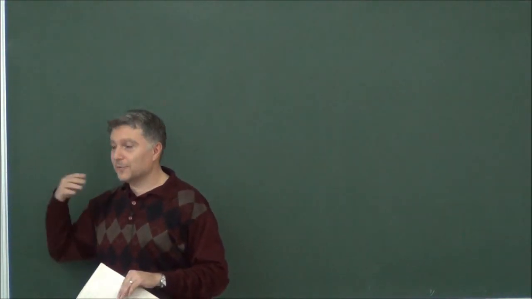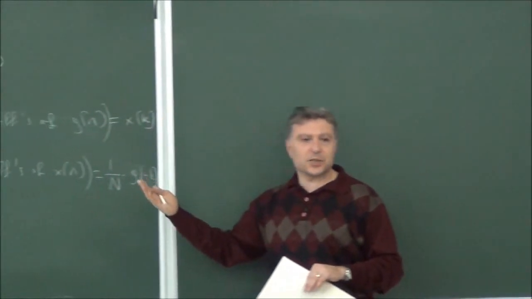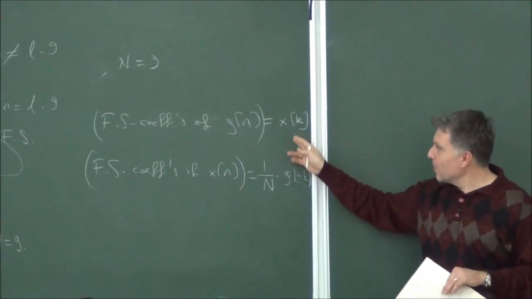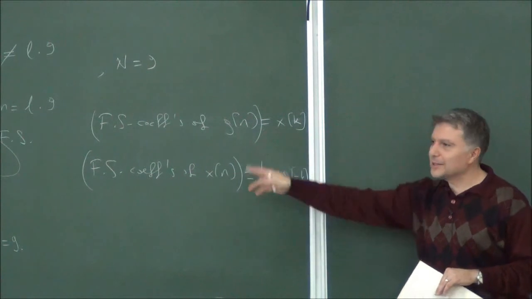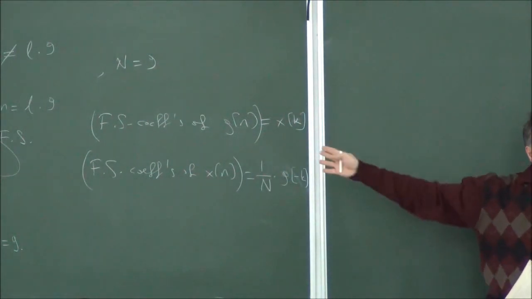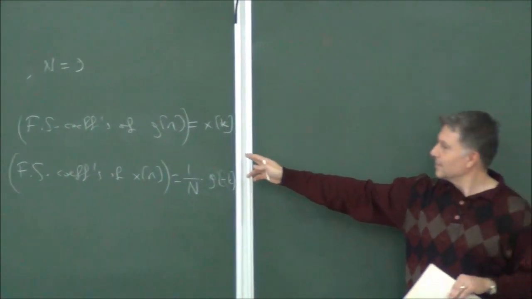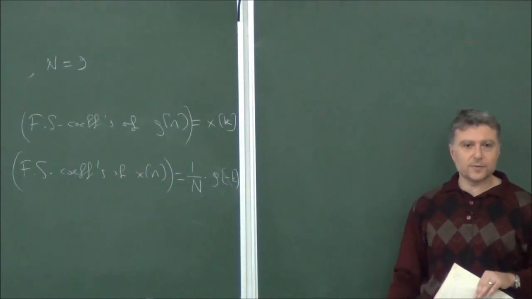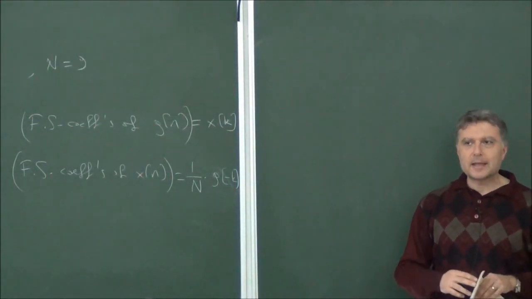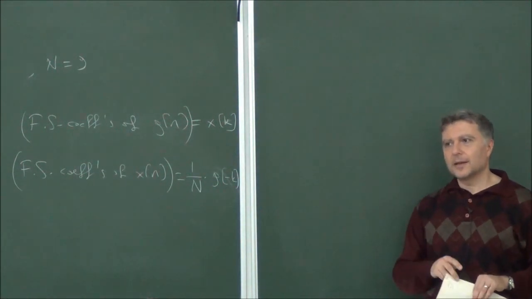But for some, I didn't. For example, I didn't say why this is the case. I just told you that the duality is like this, it works like this. Did I prove it to you? Did I prove the validity of this one? No, I didn't. Some are easy, some are not.